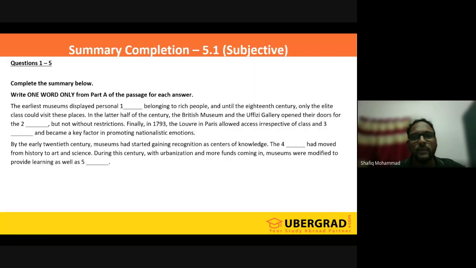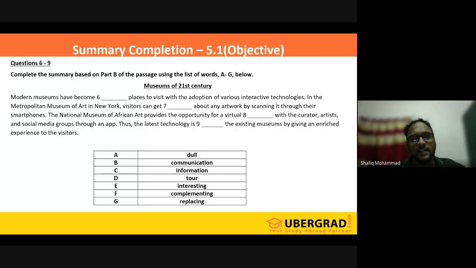So the answer should be that they're not replacing. That means it's complementing, right? They're adding on to it. So it's complementing. The answer should be F, guys.